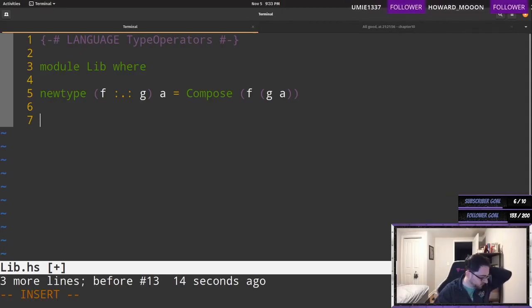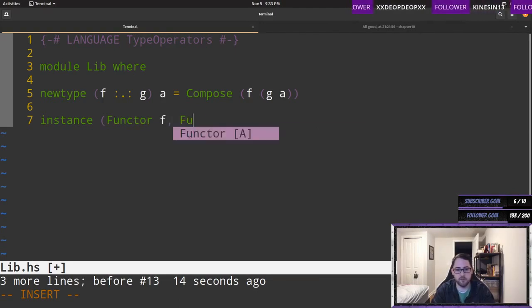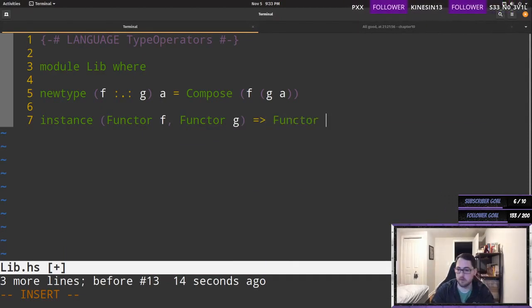The function that we need to write for such an instance has the type... We can write instance functor f, functor g, functor f g. Oh wait, I can use f here, right? It's a different f. Compose.